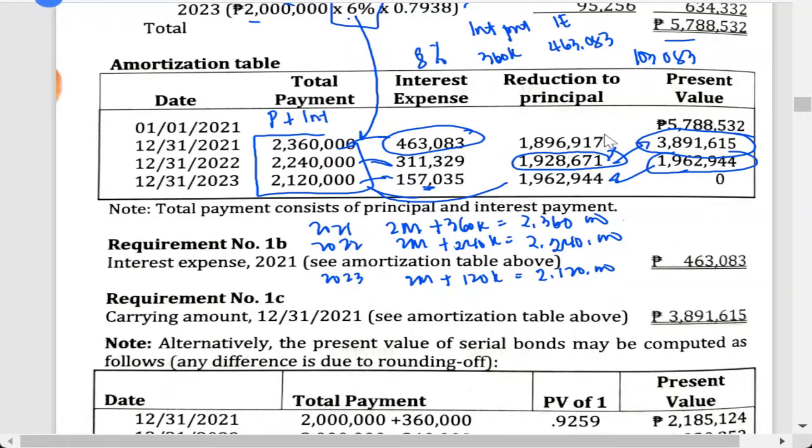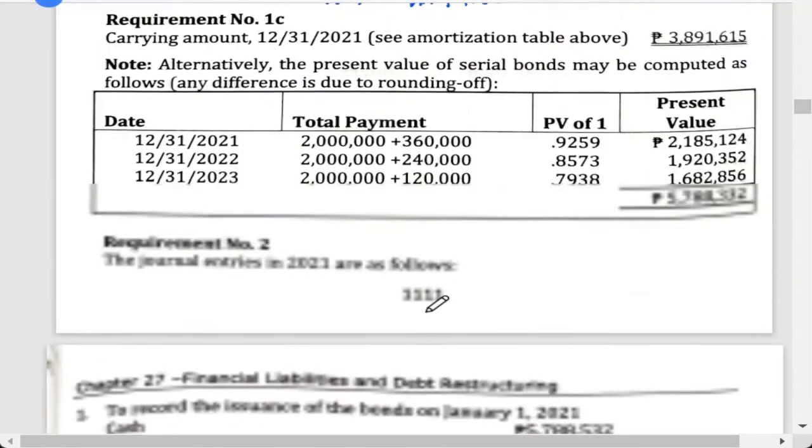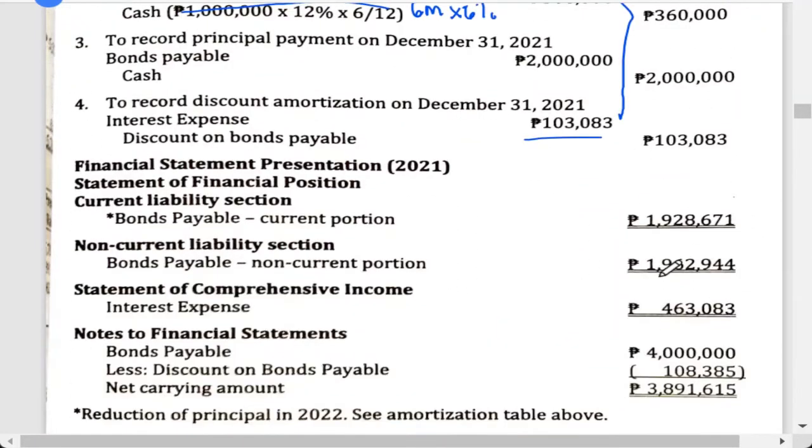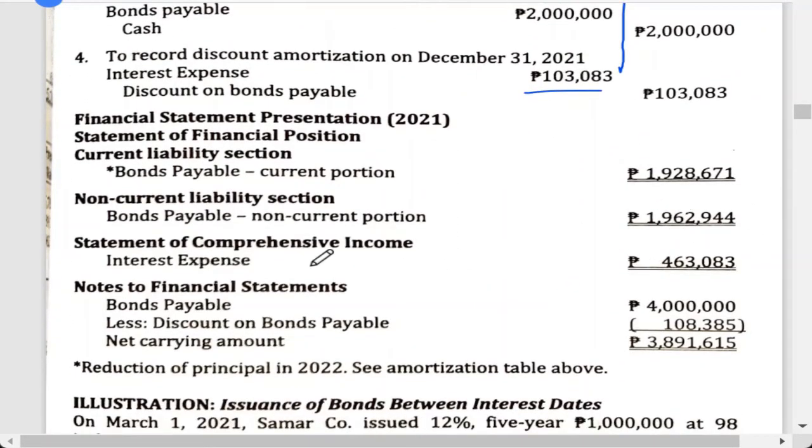This one is the current, and this is the non-current liability. Then, in your statement of comprehensive income, your interest expense is the amount in the table, 463,083.